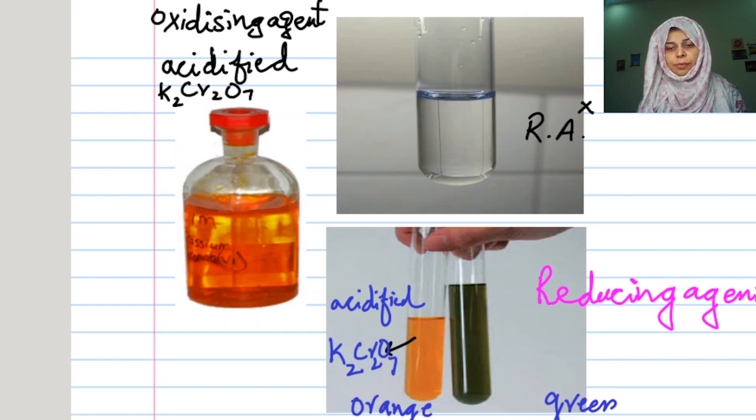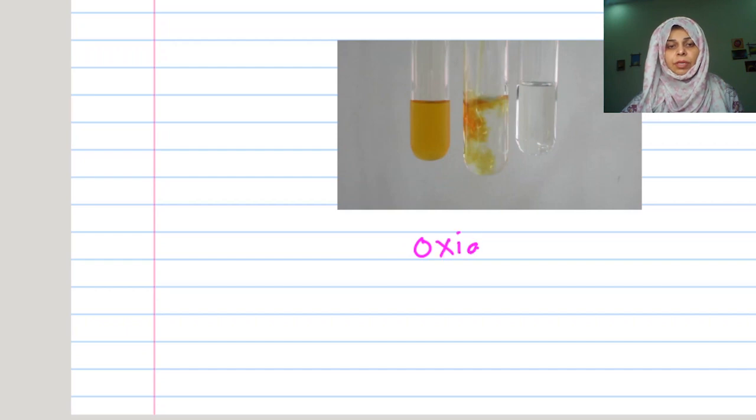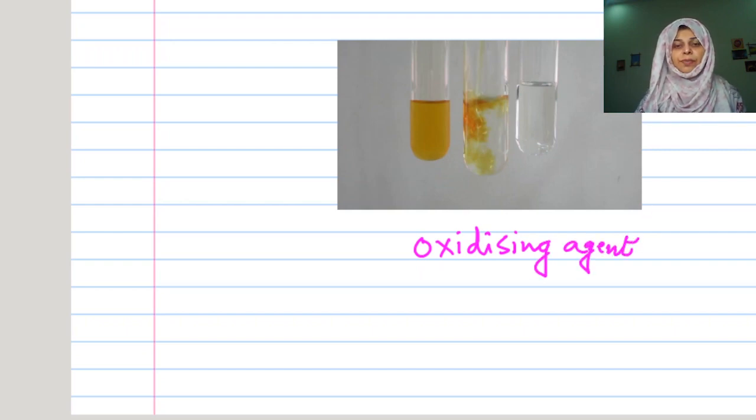Further, we have to test for the presence of an oxidizing agent. Now, in order to identify the oxidizing agent, the reagent which we require is potassium iodide, which is colorless.